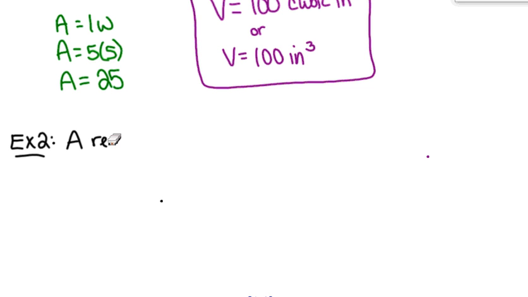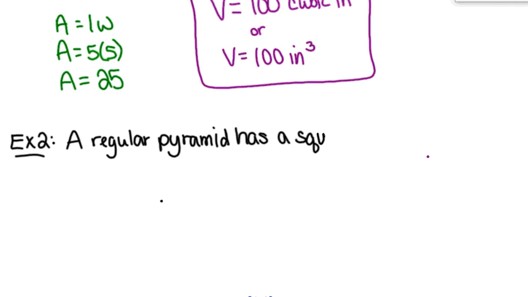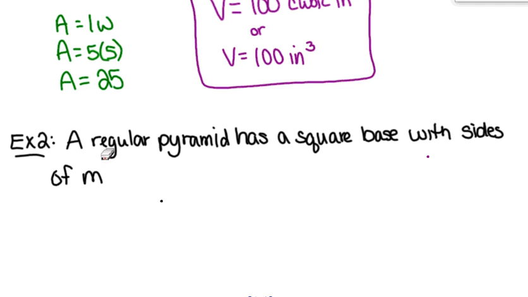They're going to tell us that a regular pyramid has a square base with sides of 10 meters and a height of 15 meters.